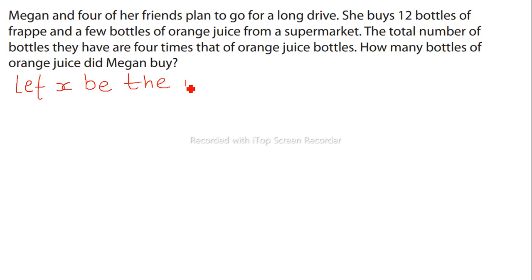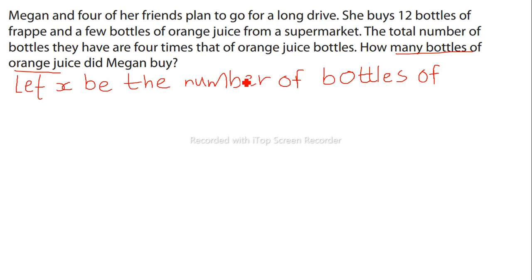Let X be the number of bottles of orange juice.